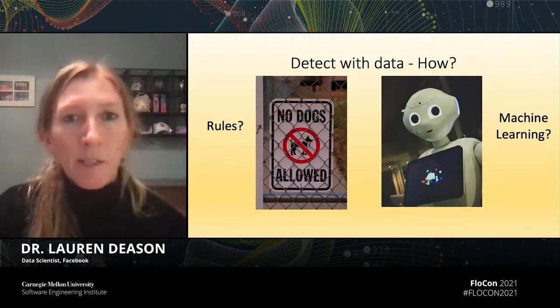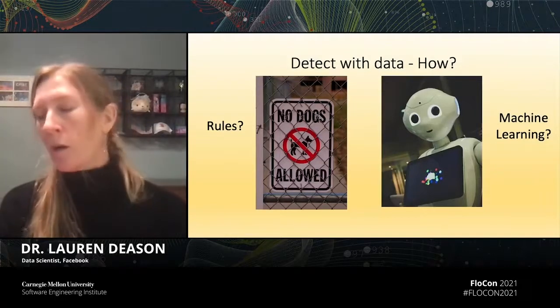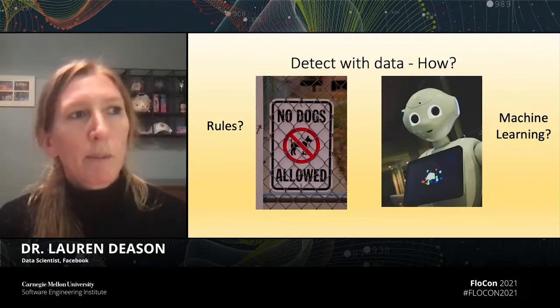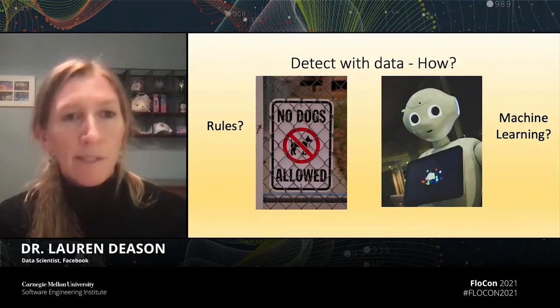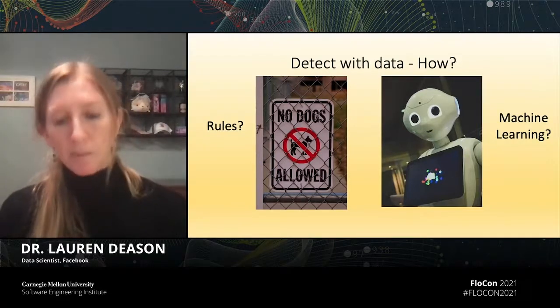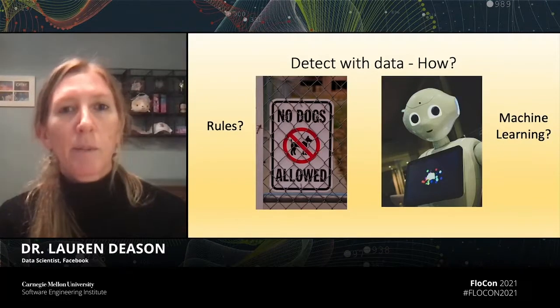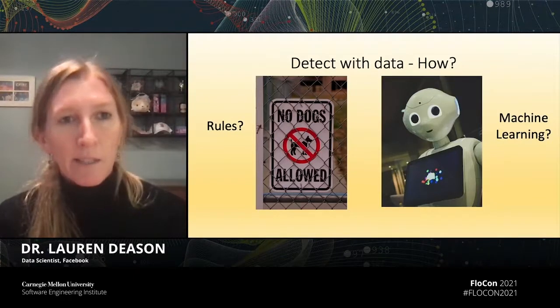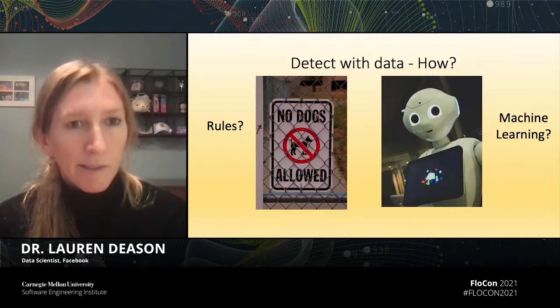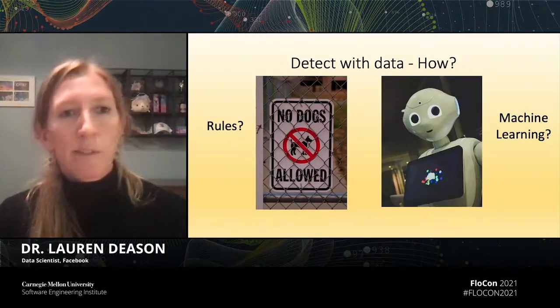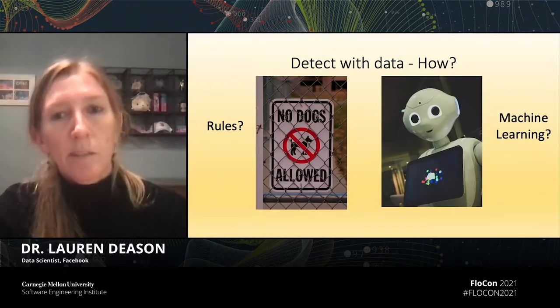Okay, so if we're focusing on detection with data, we can dive a little bit deeper and ask what kinds of algorithms we are feeding this data to in order to detect. And oftentimes people consider this binary categorization between having rule-based detection or some more sophisticated, possibly black box machine learning-based detection.